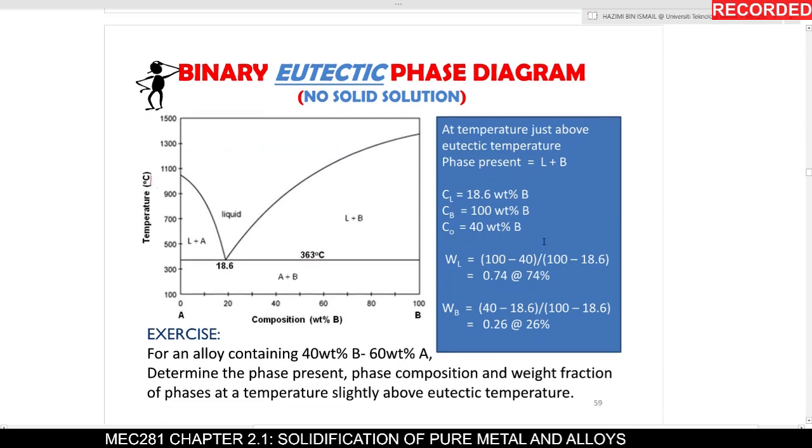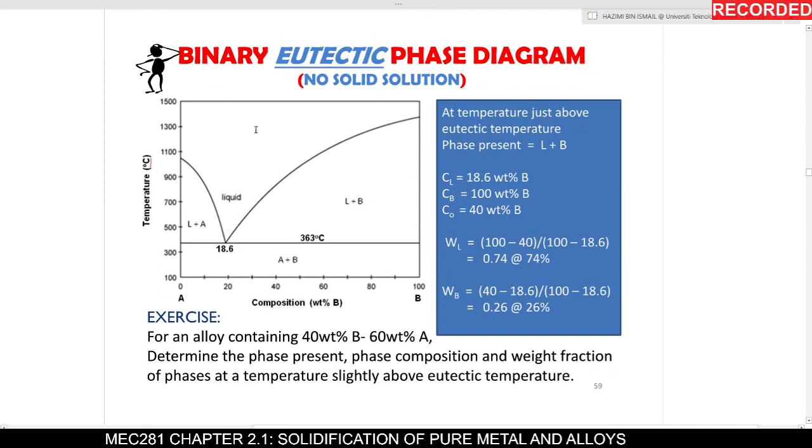So let's try this exercise for the eutectic phase diagram. For an alloy containing 40% of B and 60% of A, this value shows the percentage of B, so we take 40%, around here. Determine the phases present, phase composition, and weight fraction of phases.